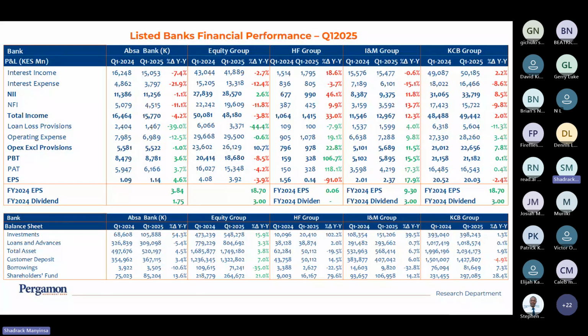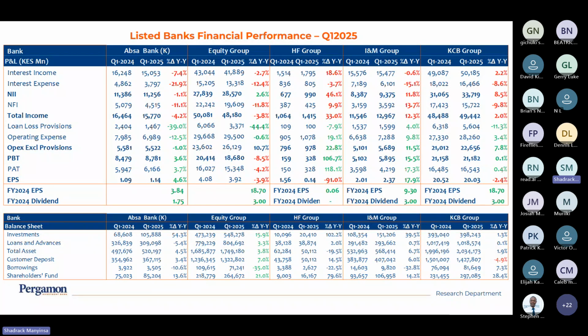And why was that so? The reason was majorly the currency stability. Compared to last year, between January and March this year the currency remained stable at roughly 129 shillings, that is around 129.2 shillings per US dollar. That had an impact on forex trading income.